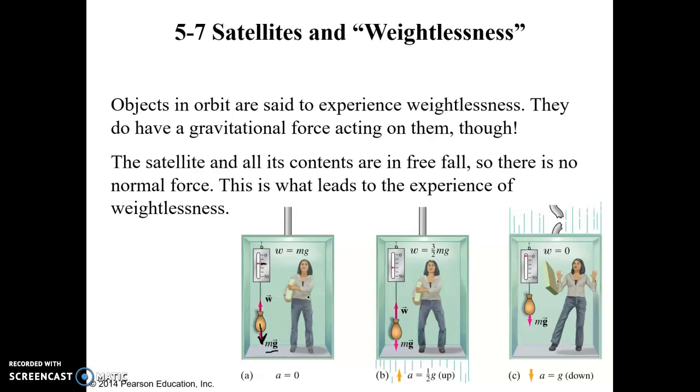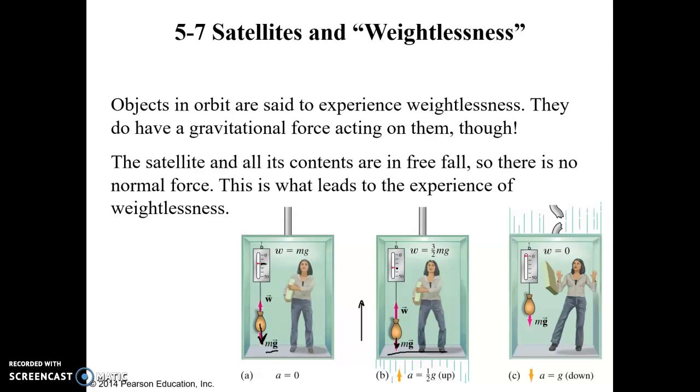So when the elevator car is slowing down or accelerating in the upward direction, let's say, then we have an additional force or apparent force acting on this weight. So the weight is still being pulled down with mg, but the floor of the elevator is accelerating up, which applies an additional force in the upward direction.